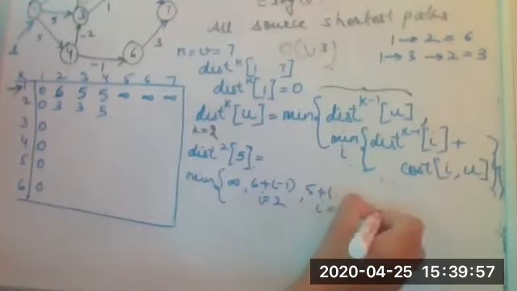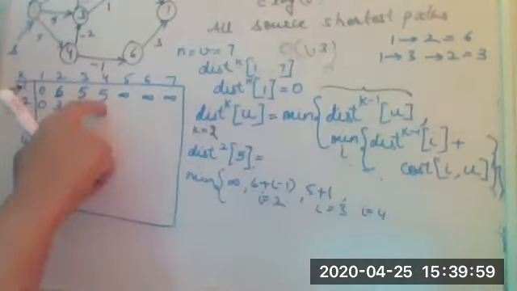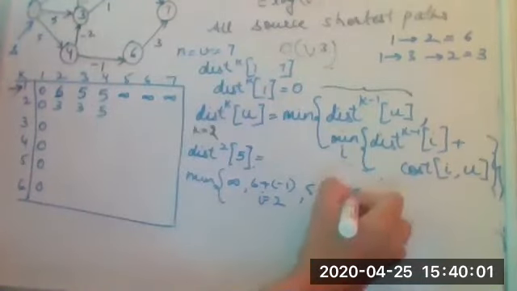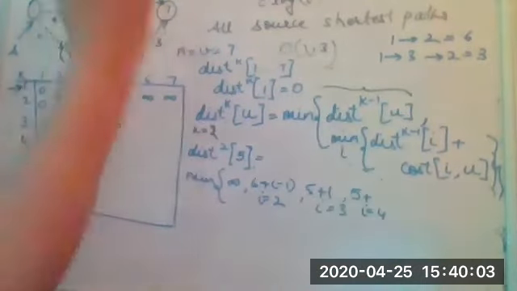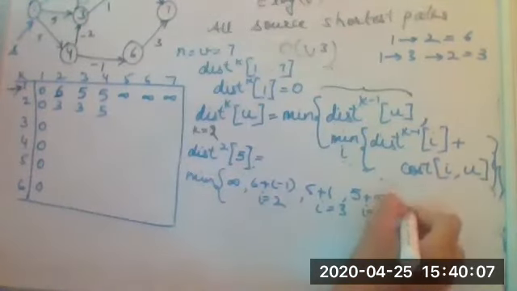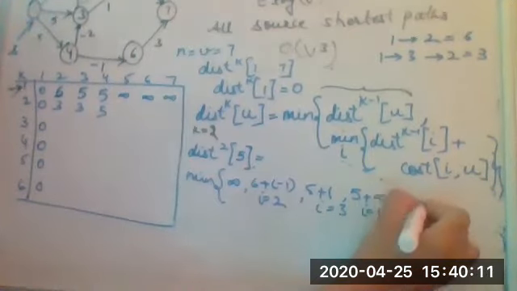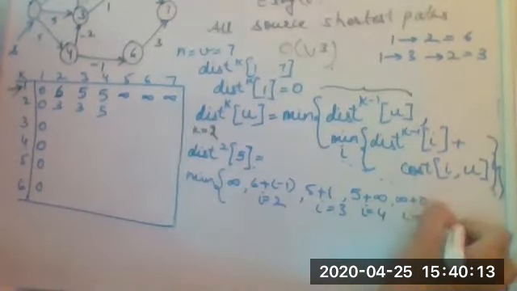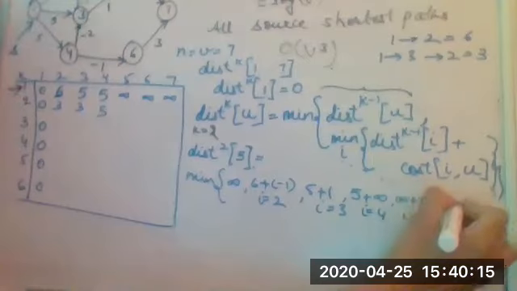I equal to 4, the previous value was 5, plus 4 to 5, there is no path. I equal to 5, earlier was infinity plus 0. I equal to 6 is infinity plus infinity.